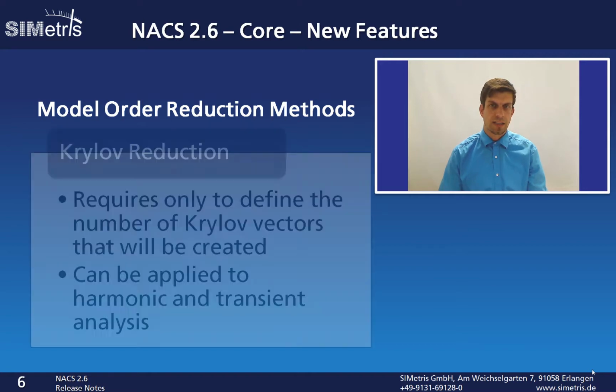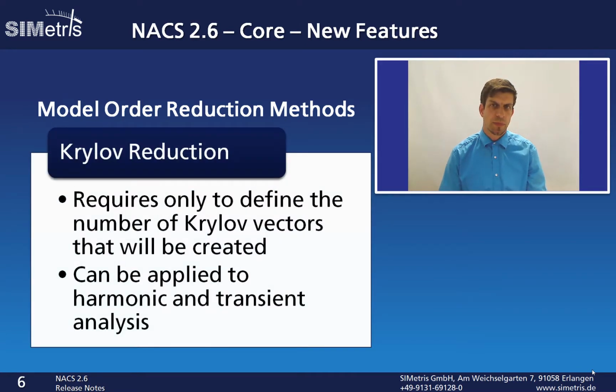Then the next method is the Krylov subspace reduction technique, and here the only thing that is required is that you specify the number of Krylov vectors that you would like to take into account, and NACS will automatically compute the basis required for that reduced model technique.